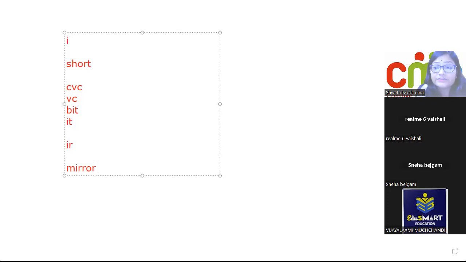Also, it will take away the effect if you have a vowel after the letter R, because the vowel will take that R with it, like in the word spirit. So we know that it should be spirit, but the vowel I takes R with it, and so it becomes spirit and not spirit.